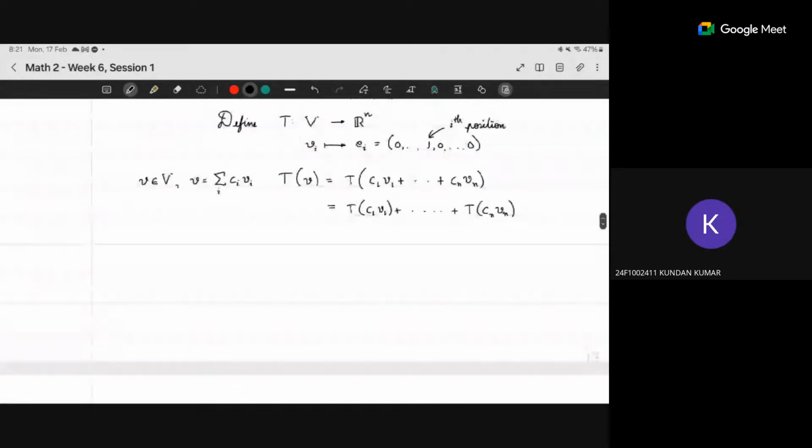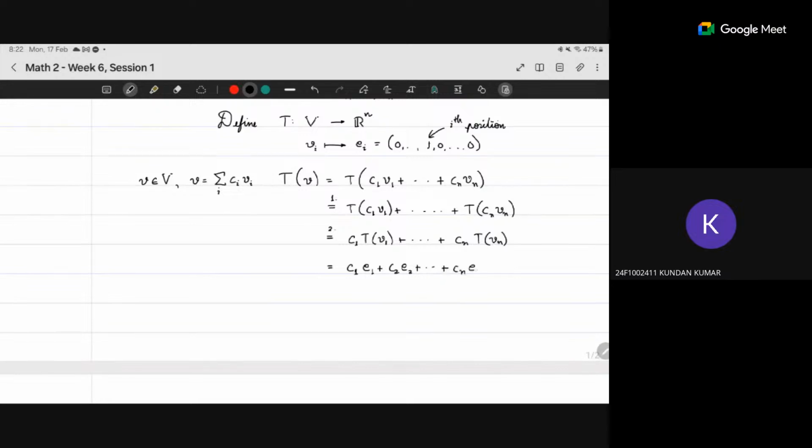So let me write 1 to signify that we have used property 1. Now using property 2, I can write this as C1 of T of V1, so on up to Cn of T of Vn. I can take the scalar outside. That is the second property of the linear transformation. But what is this? By definition, this is C1 E1 plus C2 E2 plus so on up to Cn En.